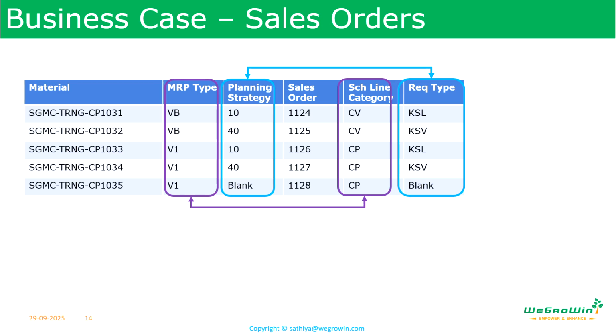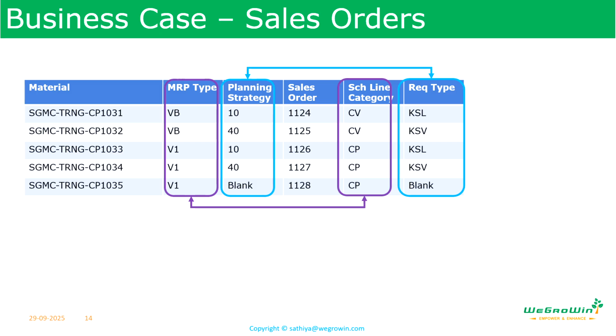It should be created with schedule line category CP and requirement type KSL because MRP type is V1 and strategy is 10. Similarly, for CP1034 with a combination of V1 and 40, sale order 1127 is created. It should have schedule line category CP and requirement type KSV.